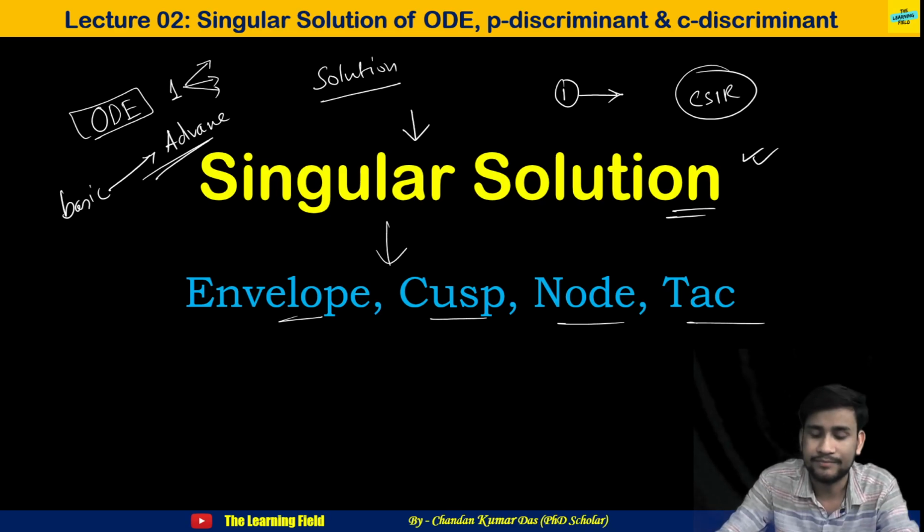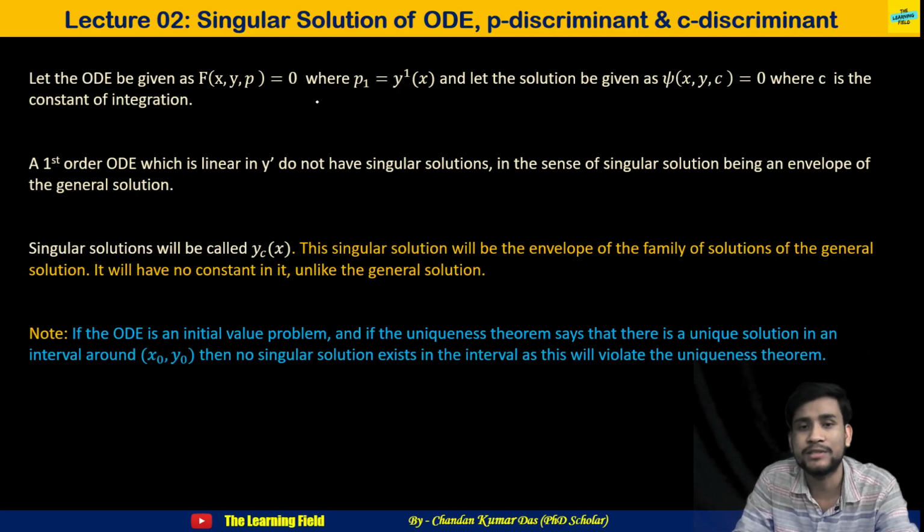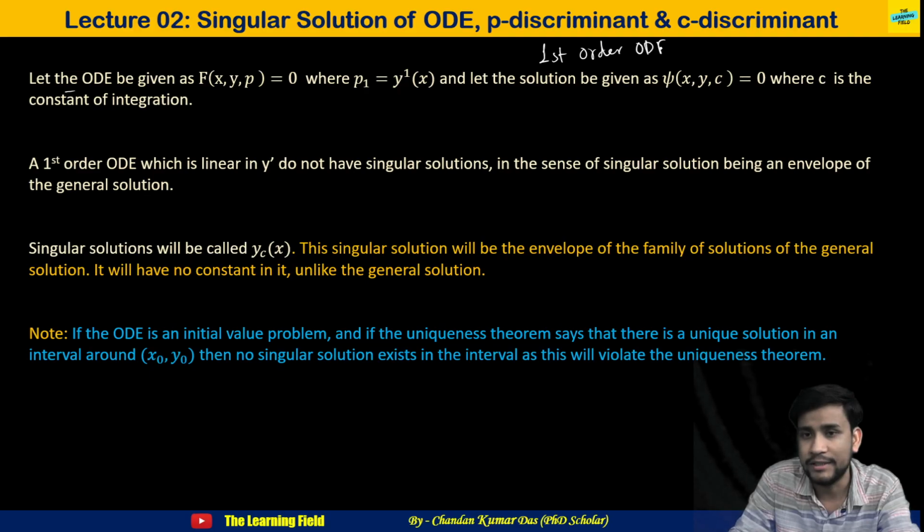Fine. So let's start. First, I have already shared the definition of singular solution. Let the ODE be given by f(x, y, p) = 0, where p is y', the first order derivative, and let the solution be given as a function of x, y, and c, that is a constant, equal to 0.